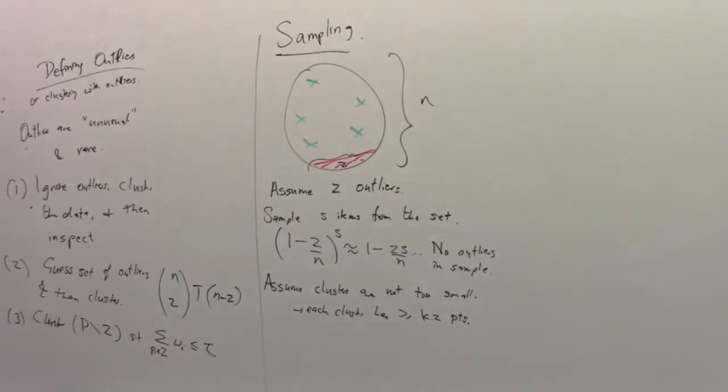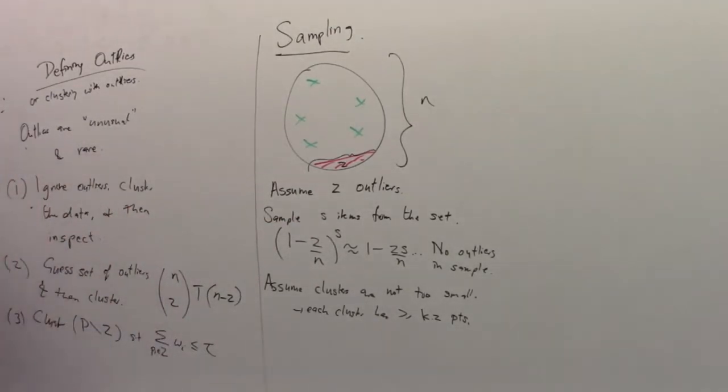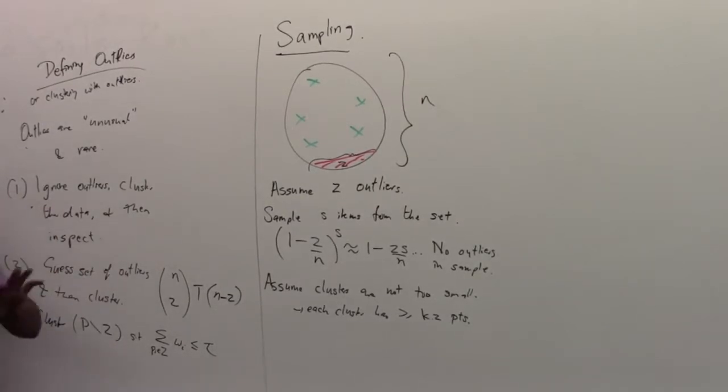So if I tell you now that each cluster has this many points in it, and I pick a sample, what is the probability that I pick at least 1 point from every cluster? Again, what is the probability of missing every point in the cluster? If I look at any particular cluster, what is the probability that my first sample misses a point in the cluster?